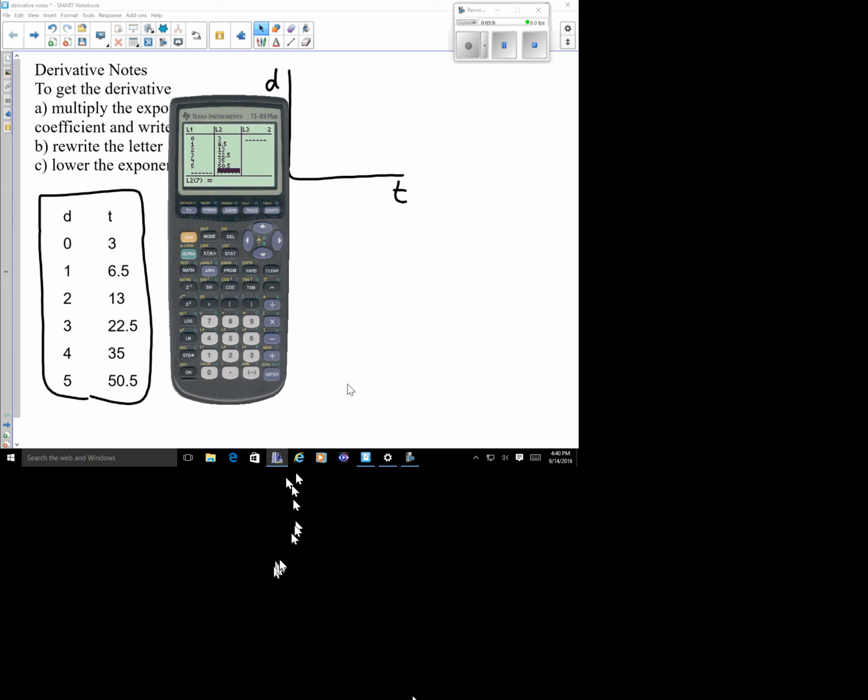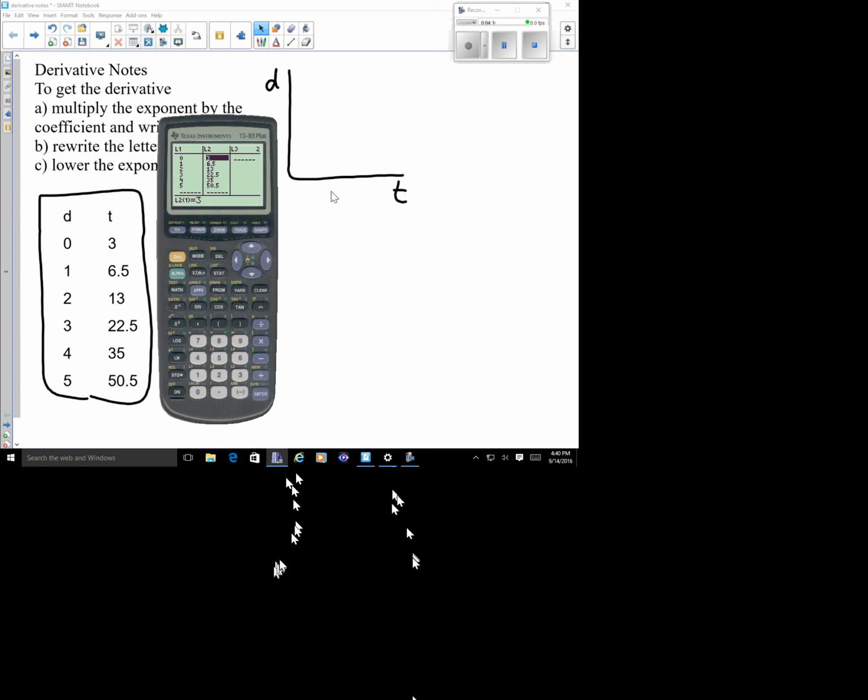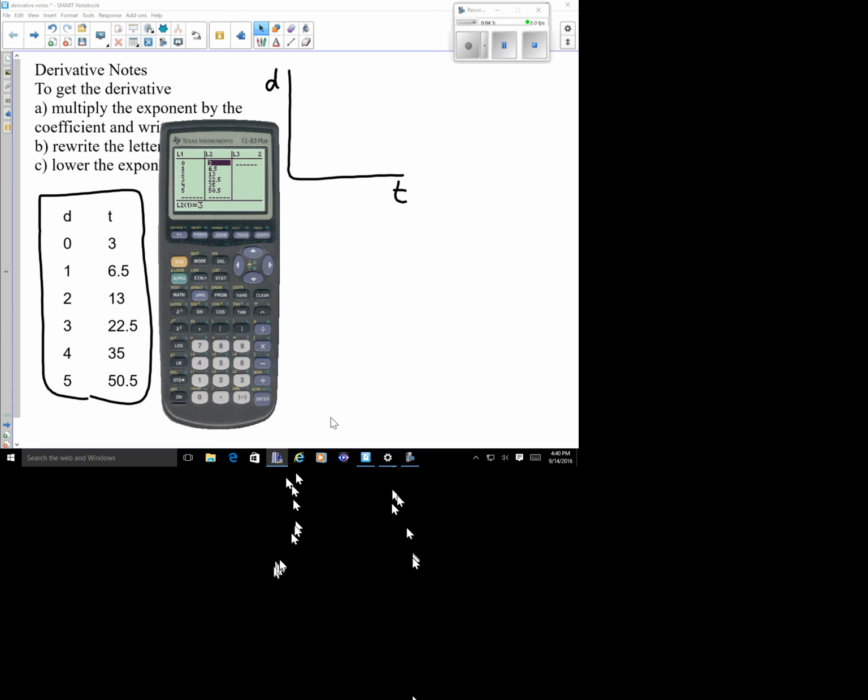Now what I want to do is I want to see what this graph is going to look like. So if I go to hit the graph button over here, let's do second stat plot. I need to turn on those graphs. So I'm going to hit the first one here and just turn this one on. Let's, uh-oh, what did I just do? Let's turn this one on again.